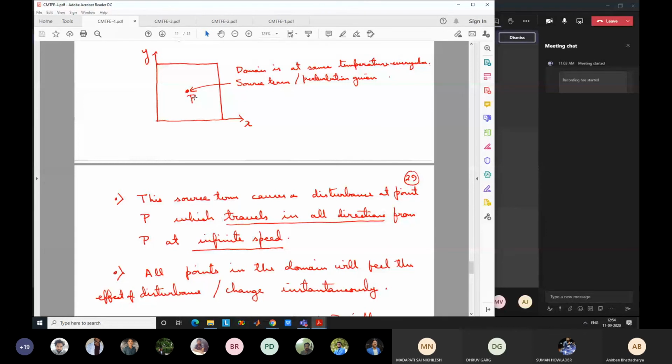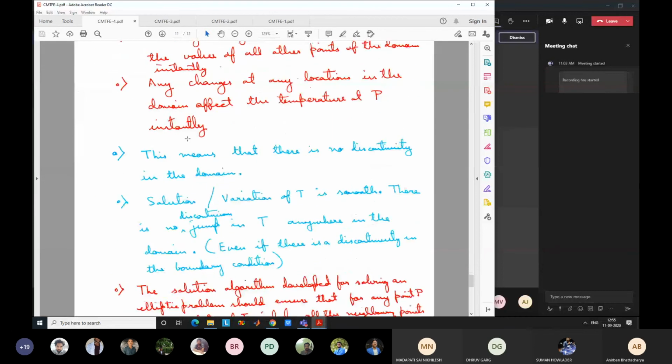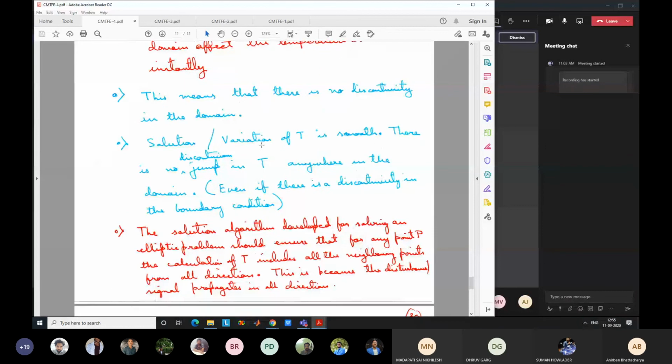All the neighboring points should be included in the solution algorithm for this point P, because all of them can influence this point P. Some other points I have also noted.